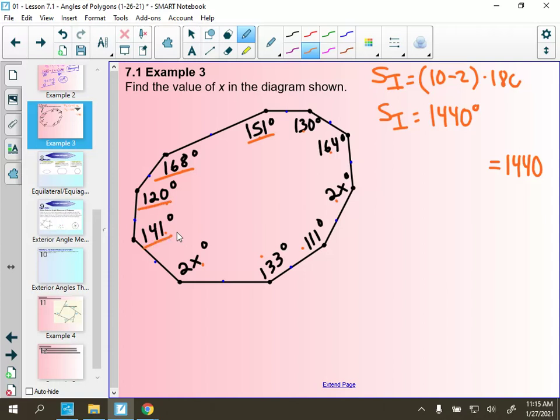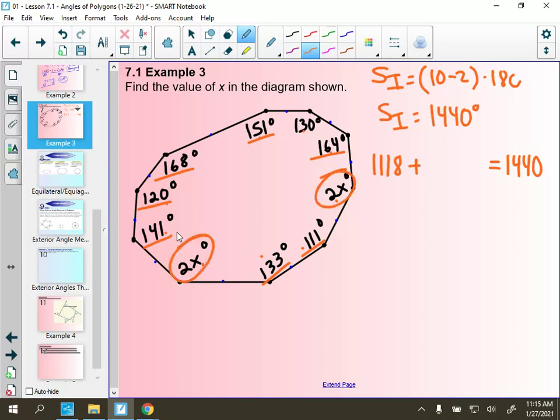Plus 141, plus 133, plus 111, plus 164, plus 130. When I add all those numbers up, I get 1,118.